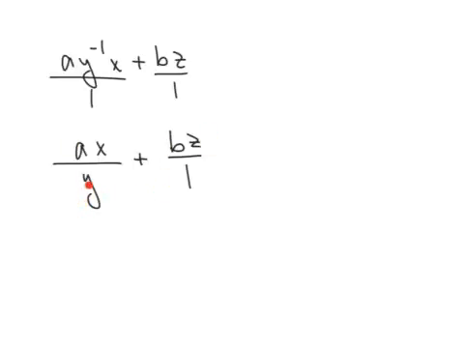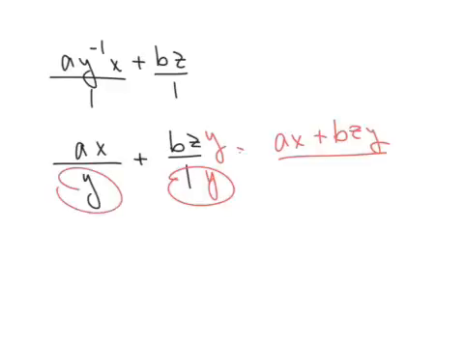What am I missing over here that I have here? A 1. If I put a 1 here and a 1 here, it doesn't do anything because when you multiply by 1, nothing happens. So I don't even have to put that. But what am I missing here? I'm missing this y. So I'm going to put a y here and a y here, and that gives me ax plus bzy. Now that I have common denominators, I just put it over one denominator being y.